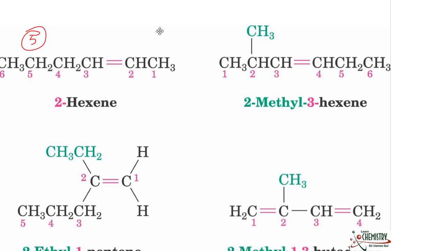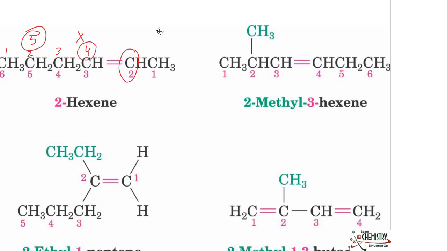Now I have started the numbering from the right hand side instead of the left hand side. Why have I started numbering from the right hand side? Because when I start numbering from the right hand side, I get the double bond on carbon number 2. But suppose I start numbering from the left hand side, 1, 2, 3, 4, then I will get the double bond on carbon number 4.